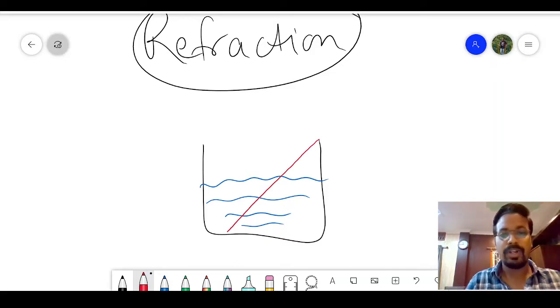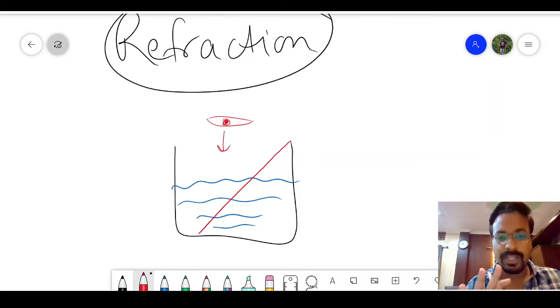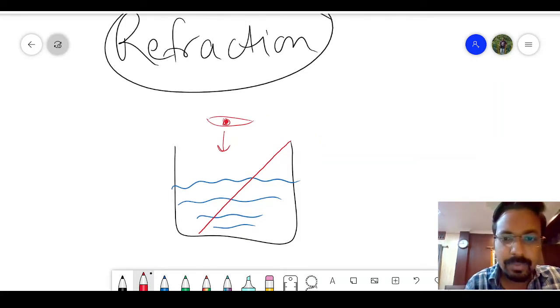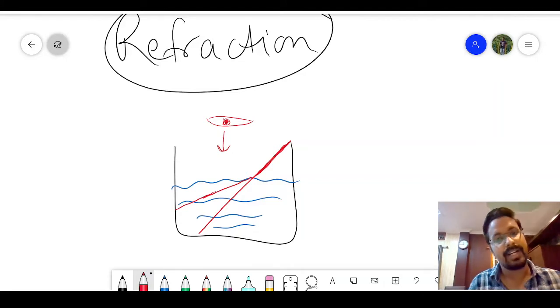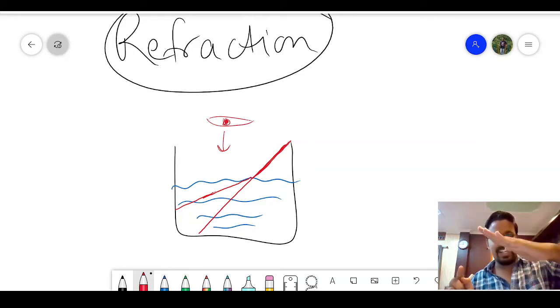Now when you look from the top, what do you see? This part of the stick remains the same, but this part seems to have moved up a little bit. It does not look like a straight stick. It looks like the stick has been elevated a bit.